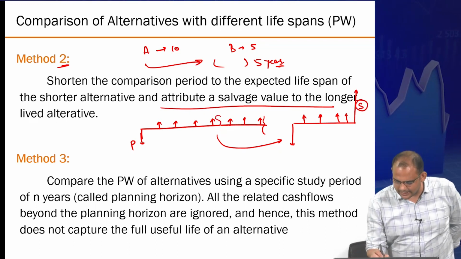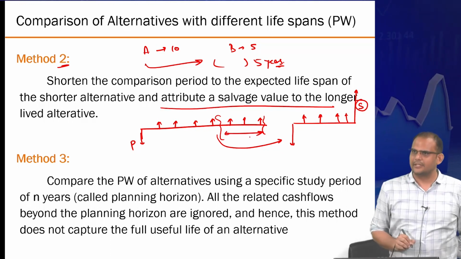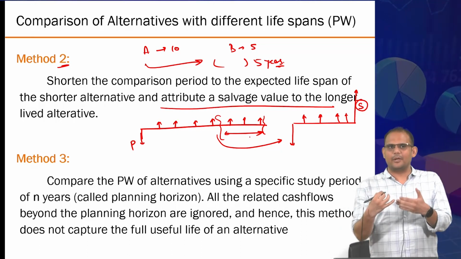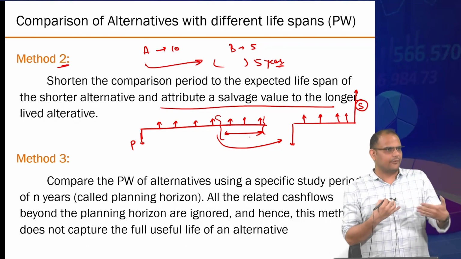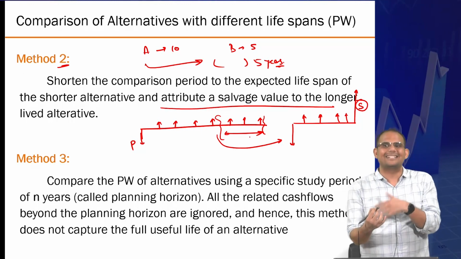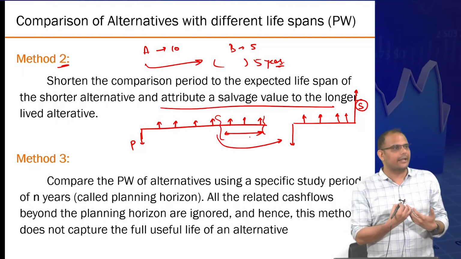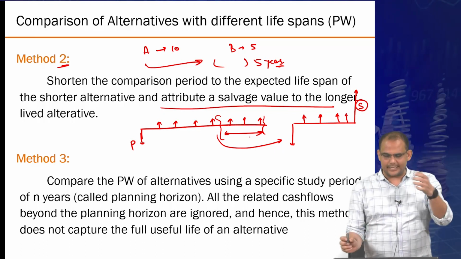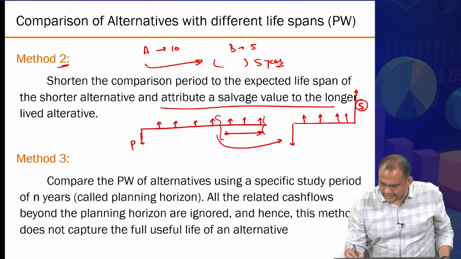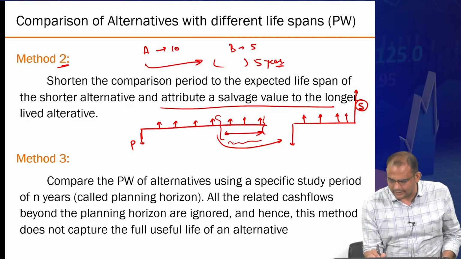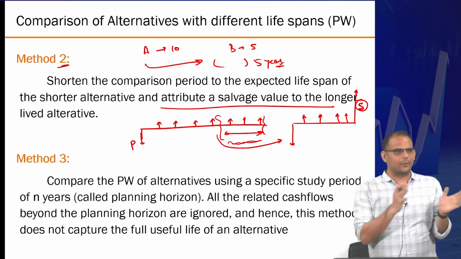So I'm assuming that all these differences of years that I'm not using the road, basically I'm selling my road in a slightly better condition 3-4 years ago compared to 3-4 years later. So the amount that I get as a salvage value is slightly higher compared to what it would be for 5 years later, right? So that's the idea. So I give you an additional value of salvage value, and now I've disregarded all other cash flows of the original type A.